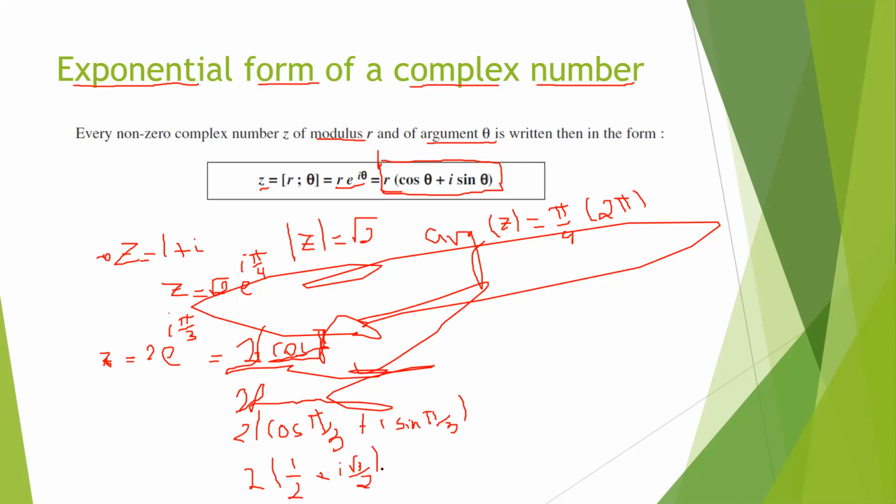This is called the algebraic form. We can expand: equals 1 plus I radical 3.